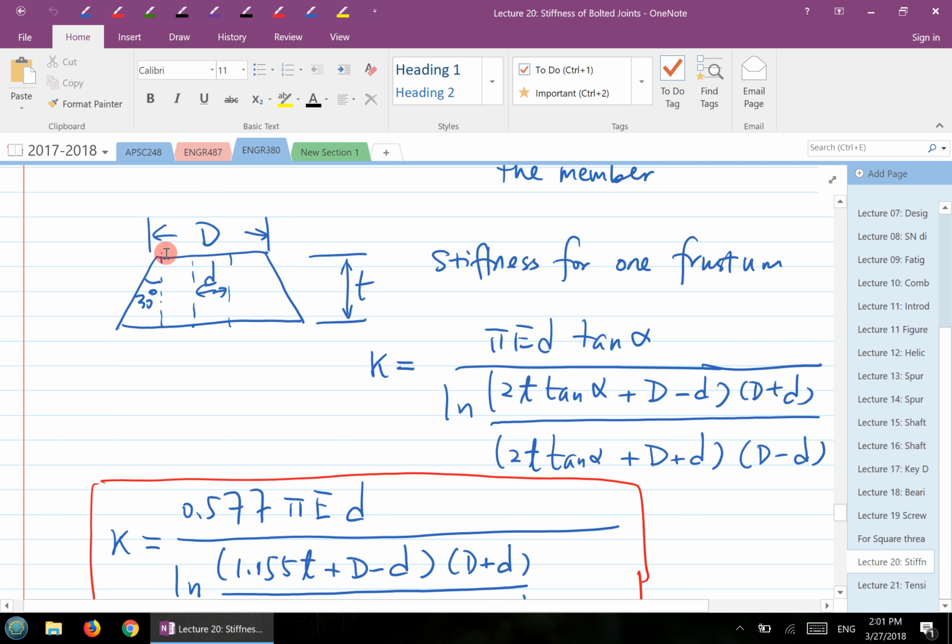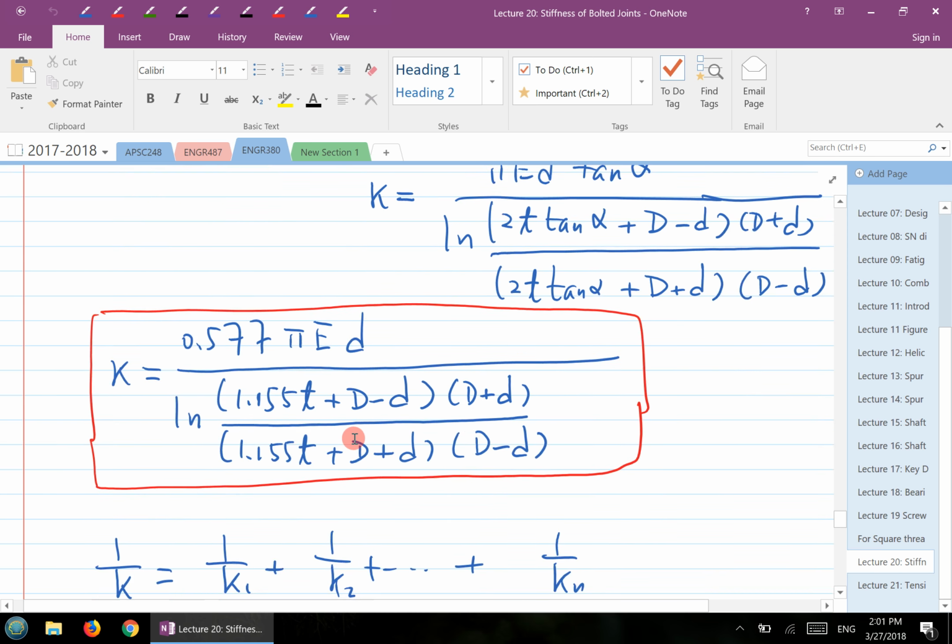Each frustum is modeled using a trapezoid, and the formula for the stiffness of one frustum is given over here, with the alpha value of 30 degrees, which gives this formula. So that is the formula for calculating the stiffness of one frustum.